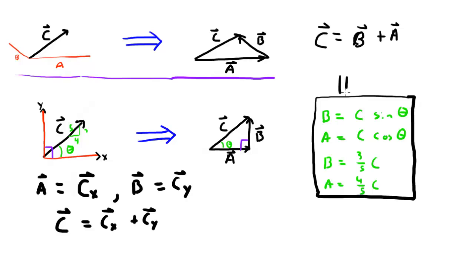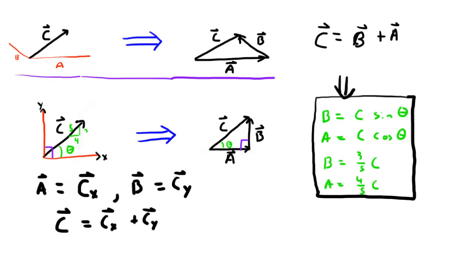These equations provide no information about the direction, only information related to the magnitude of the vector. So you still have to go back and use this triangular formulation to determine what the actual directions of A and B, Cx and Cy, are in relation to the positive x and positive y axes.